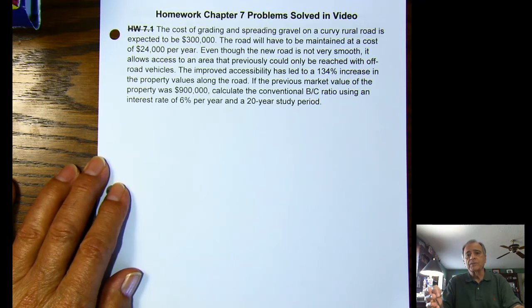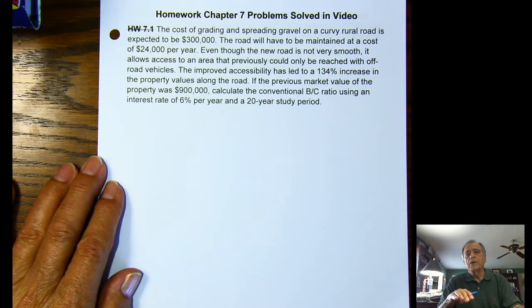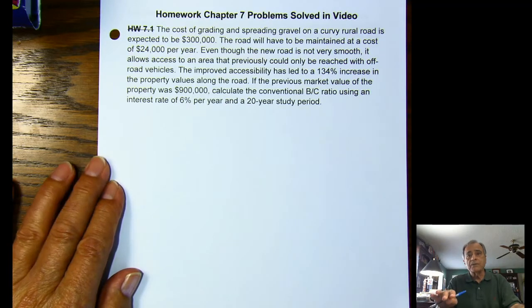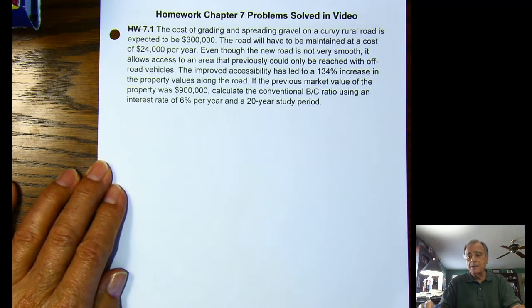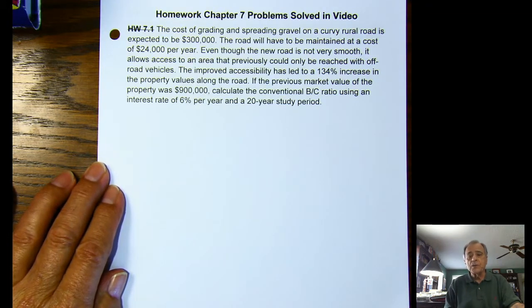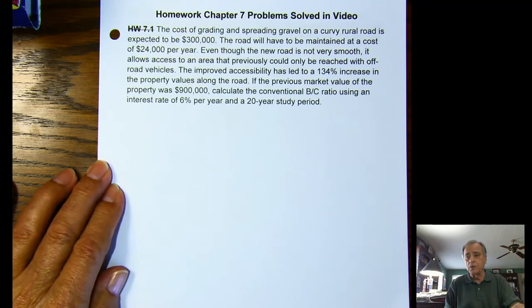And the Connect system at McGraw-Hill automatically reassigned the other 4 problems from 20% each for 5 problems to 25% each for 4 problems. So Chapter 7, doing those 4 problems and getting them right is very important because they're worth 25 points each. So let's go ahead and solve this problem. And I'll also solve one of the other 4 problems that you have on this particular homework assignment.